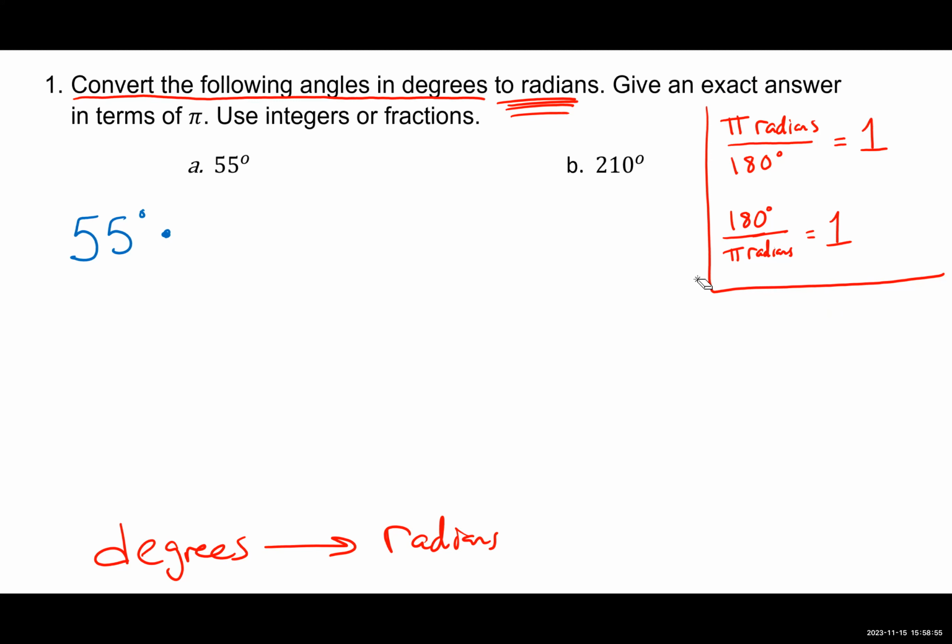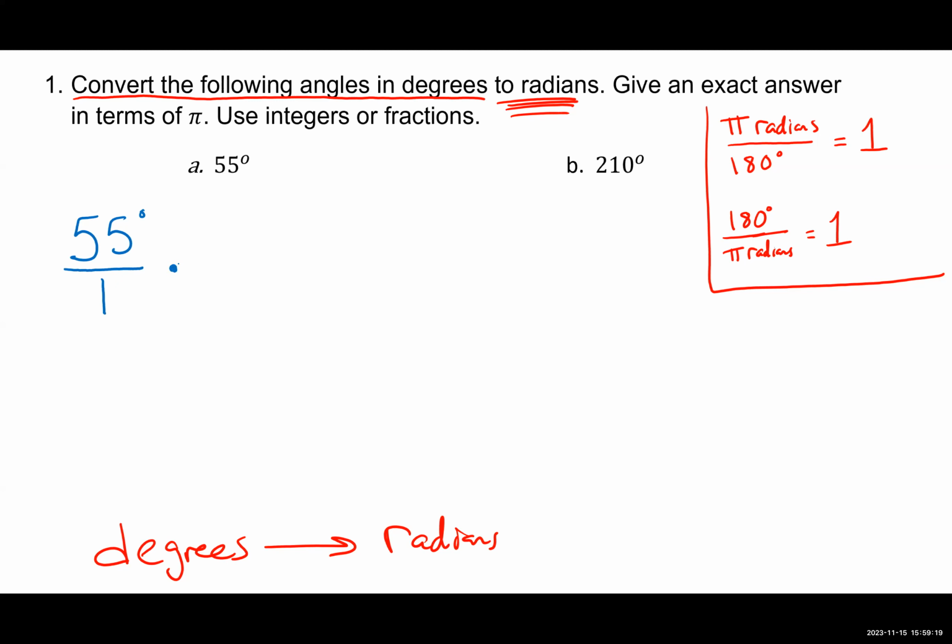Okay, so which one do we use? The top one or the bottom one? The pi over 180 or the 180 over pi? It depends on what you want to get rid of. Now, we're going to take 55 and multiply it by one of those. Those are fractions. So let's start off by turning the 55 degrees into a fraction. That's 55 degrees over 1.